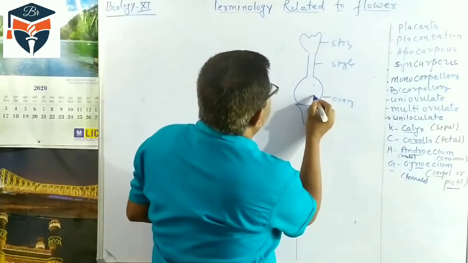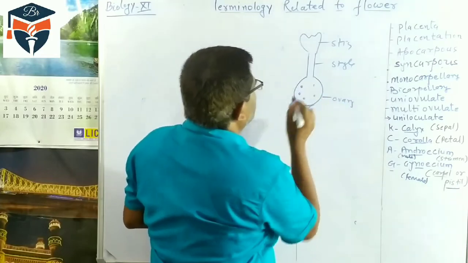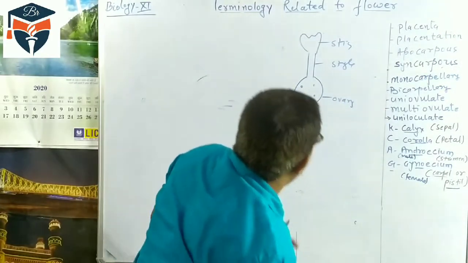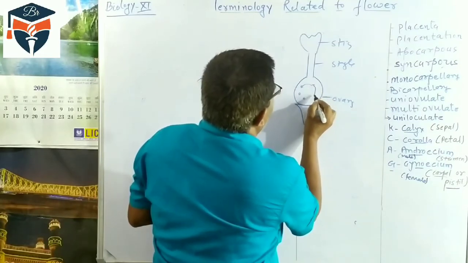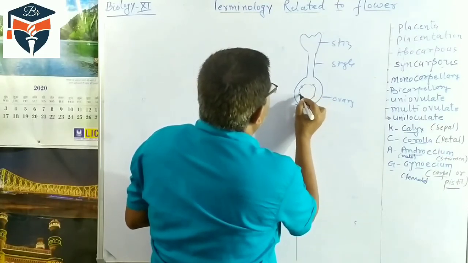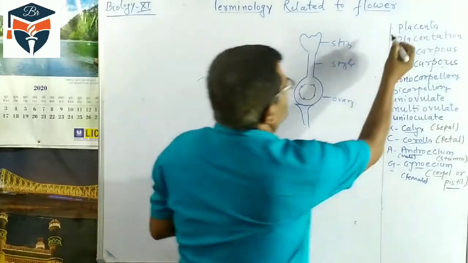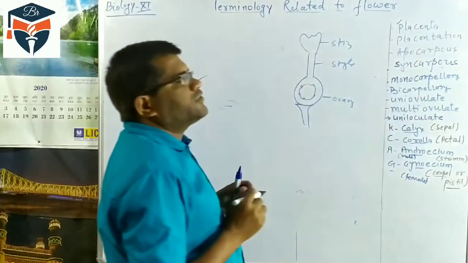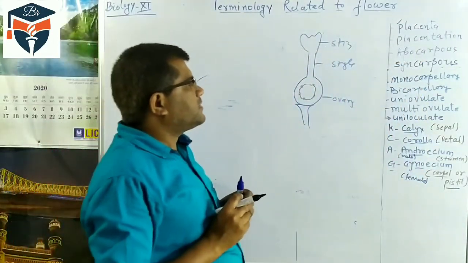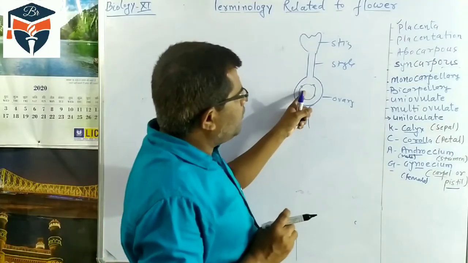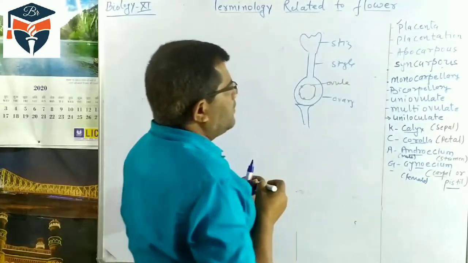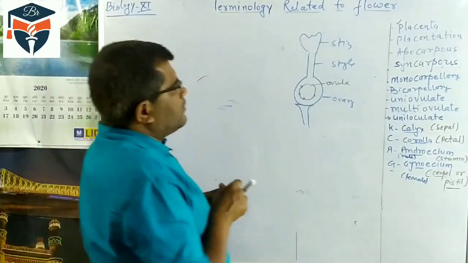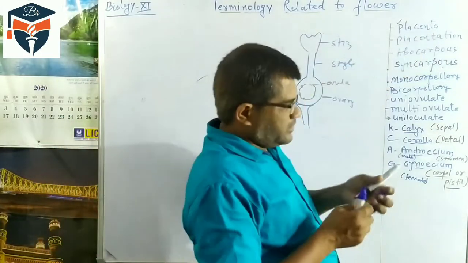Ovules occur there, and these ovules are connected with a thread-like structure. This structure is called the placenta, a cushion-like or thread-like structure that connects the ovules.